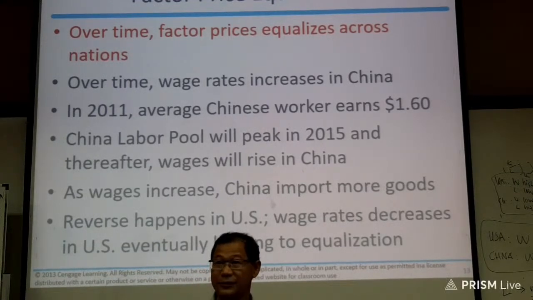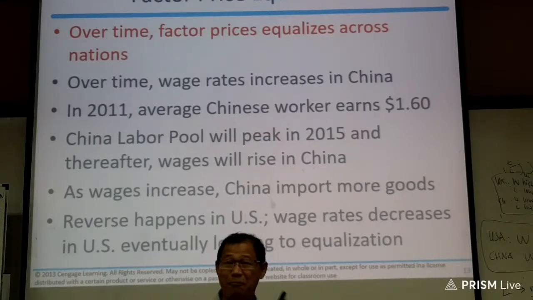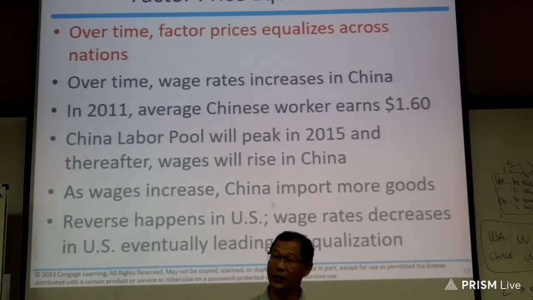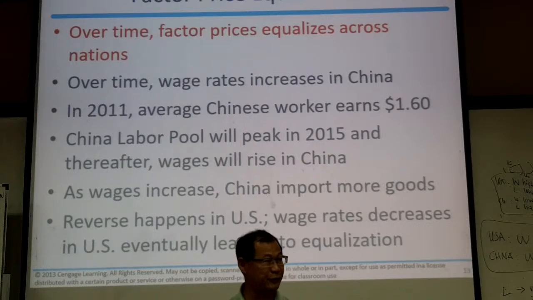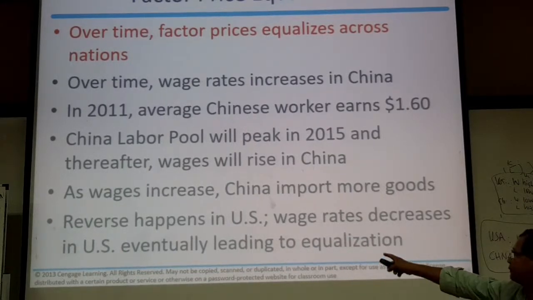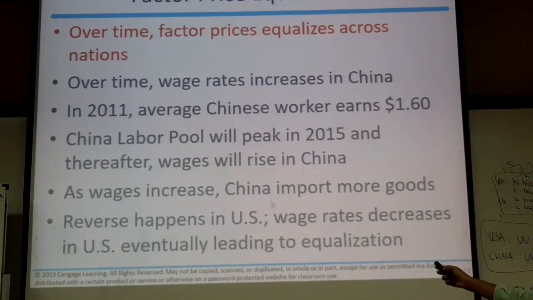In the past, China was cheap in labor, but today no more. More expensive in labor. So that's going to shift the comparative advantage soon. And there is a reverse happening there. This happened in 2015 already. That change, that U-turn in China.